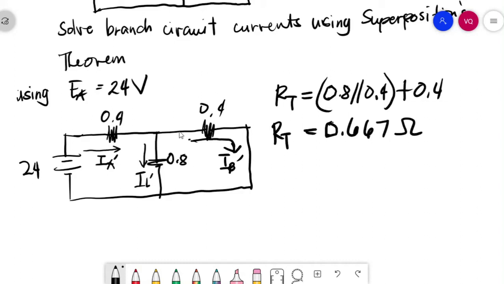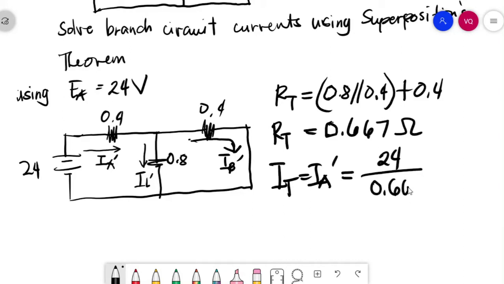You will now solve for IA because total current will be the branch current IA prime. So, total current IA prime is equal to 24 divided by 0.667, which is equal to 36 amperes.